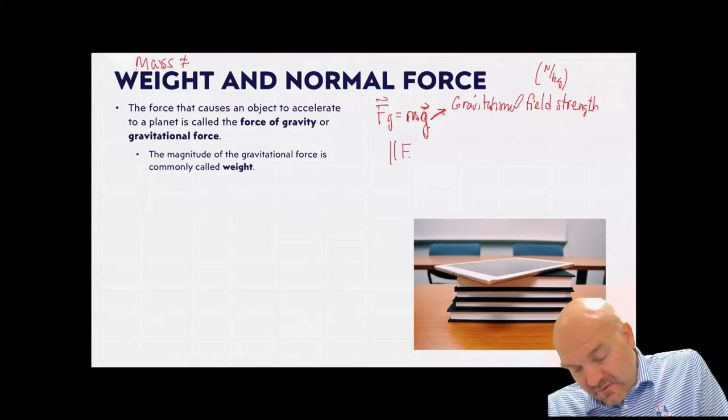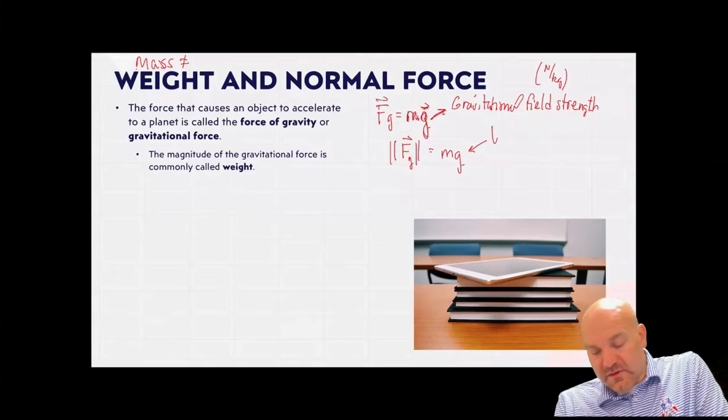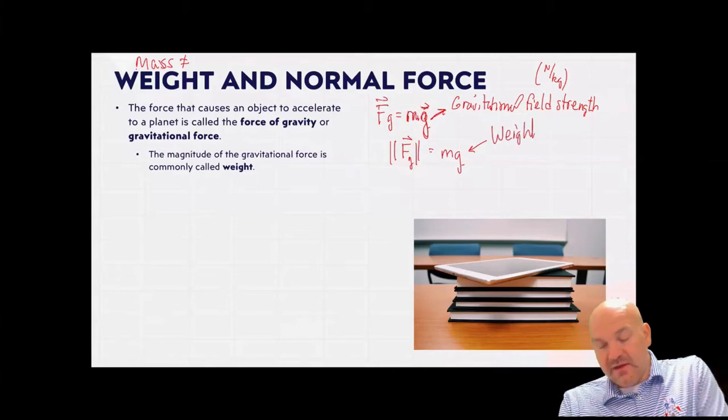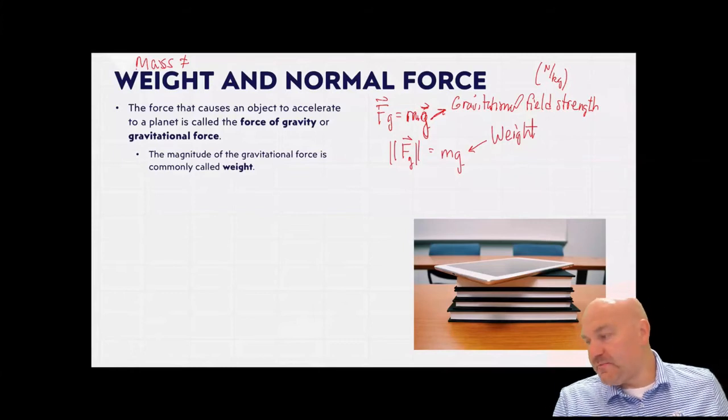If I take the magnitude of this gravitational force, that's where I end up with the weight. So the magnitude of the gravitational force is the weight of an object.